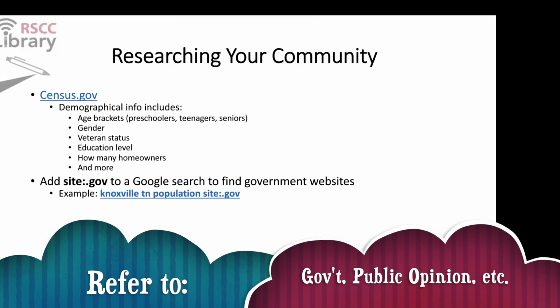So for example, when I was looking for Knoxville, Tennessee data, I typed this in, and I received data both from the city government, but also it led me to the federal information, federal data, and state data. When you add this to your search query, it lets whatever browser you're using know, I only want to see these domain types, so domains that are of government status.